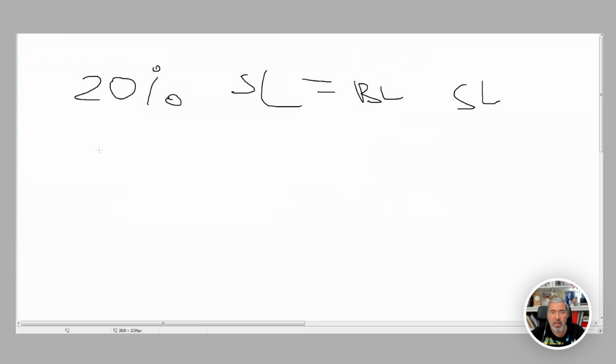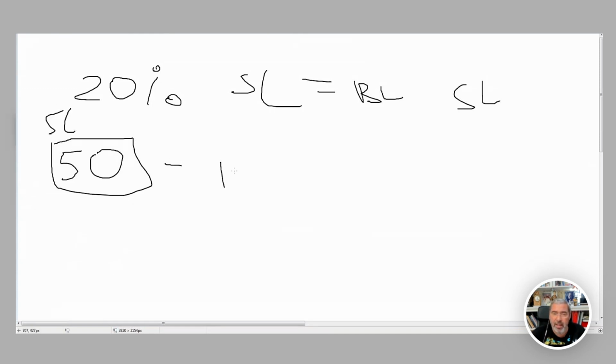What does it mean? Let's say you have a stop loss of 50 cents, right? So it means the stock is very volatile. So the stop loss is 50 cents. So you can give the stock 10 cents at the most to go against you.